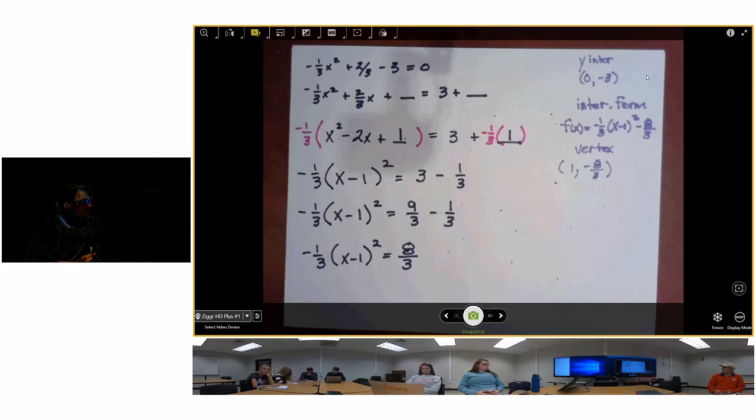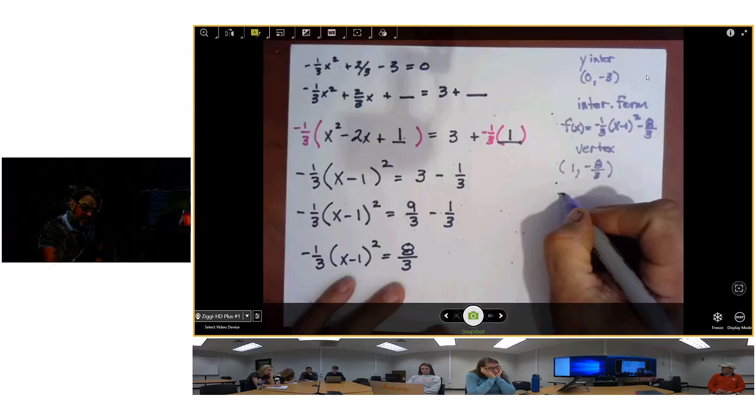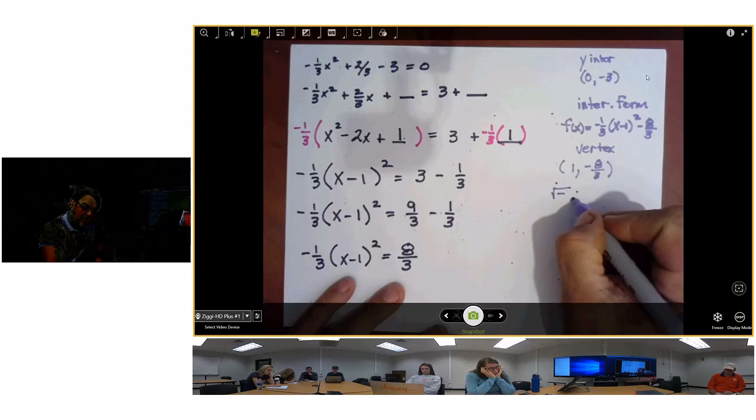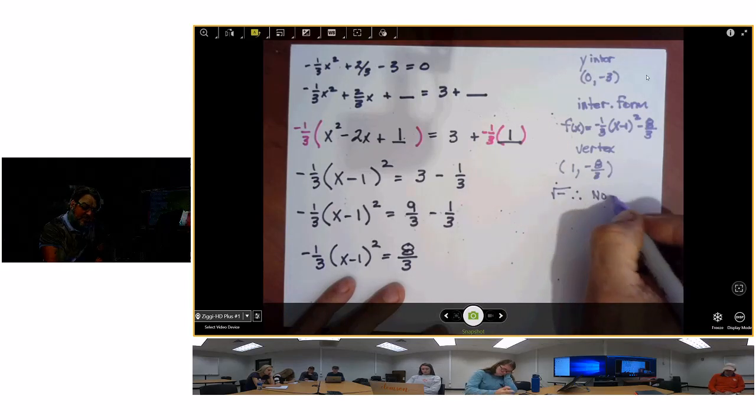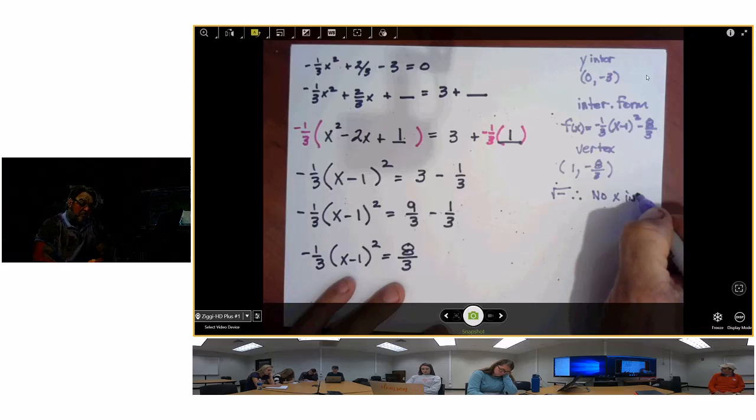What do we get? A positive divided by a negative is? Negative. And you can't take the square root of a negative number, so therefore there's no x-intercepts. So you can go ahead and write negative in the radical, therefore no x-intercepts.